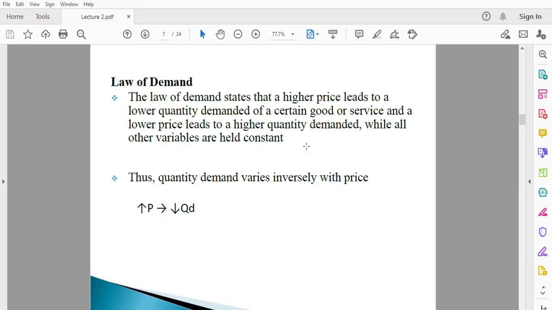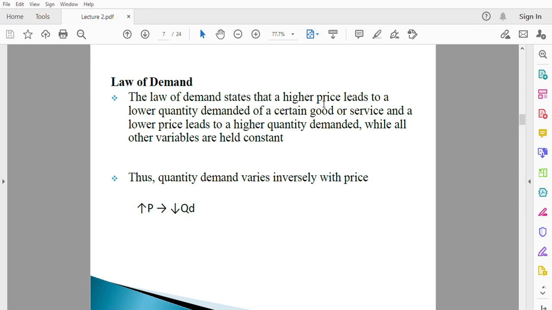Great. Now let's look at the law of demand. The law of demand states that at a higher price, there is low quantity demanded.